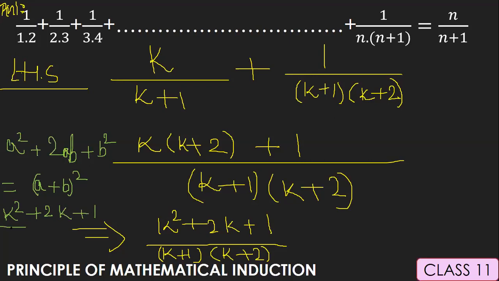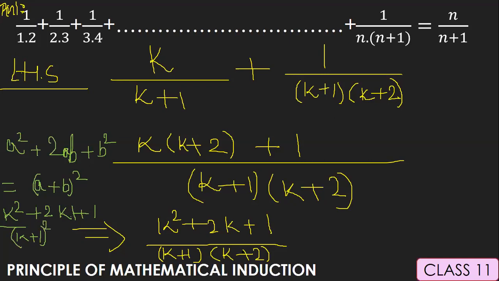That means your a square is k square, 2 into a into b is 2k, and b square is 1. So it would become k plus 1 whole square.